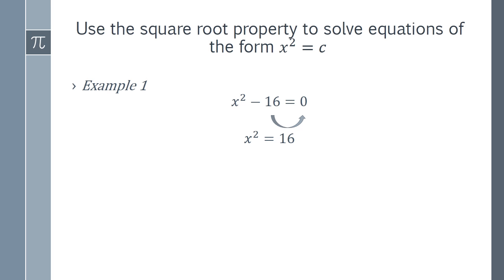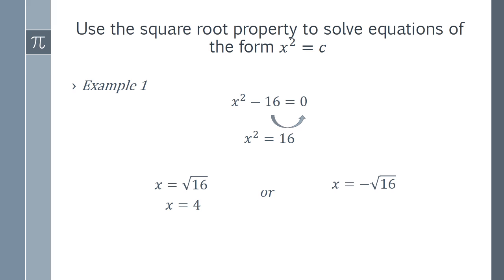Since every positive number has two square roots, one positive and one negative, we have x equals square root of 16, or x equals negative square root of 16. So, to solve, x equals square root of 16 is 4, so x equals 4.